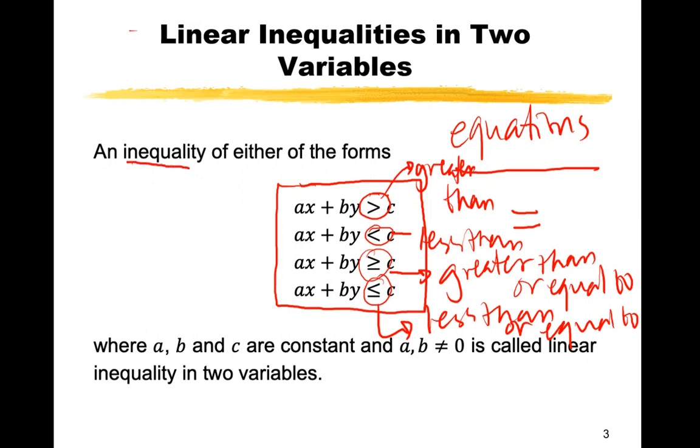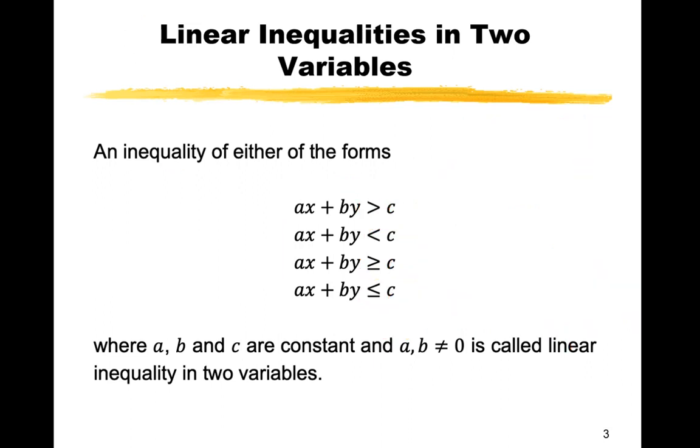Now, kapag linear inequality ng pinag-uusapan, we take these forms. This one right here, yung may ax plus by and whatever symbol na gagamitin natin sa apat na to denote inequality. Then we have the term C or expression C. Take note that the A, B, and C here sa apat na ito are what you call constants or numerical coefficients.